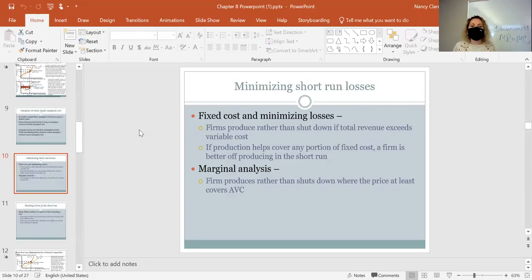There are firms that operate under losses all the time. Whether it might be a seasonal thing, like the ski resort here in Flag, they have fixed costs that they have to pay.